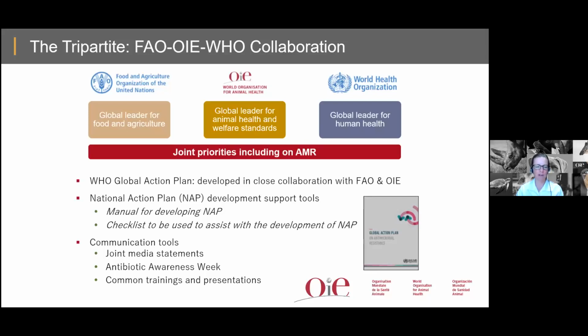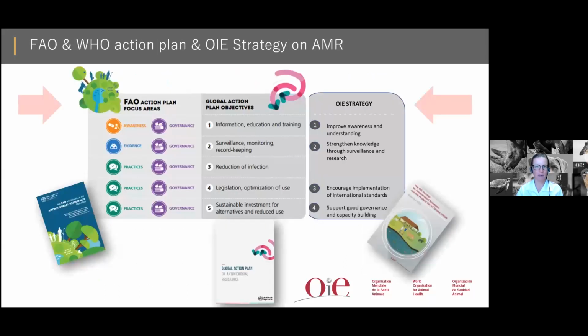We also have a lot of communication tools, so I think awareness is key, particularly with antimicrobial resistance, which is still a little bit of a faceless pandemic. We have joint media statements, we celebrate Antimicrobial Awareness Week together, and we also have common trainings and presentations. So then thinking a little bit about the areas that we overlap and where we've worked together.